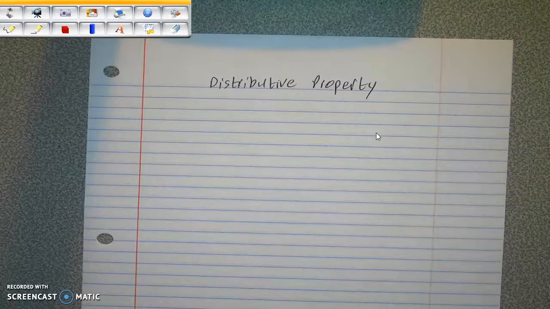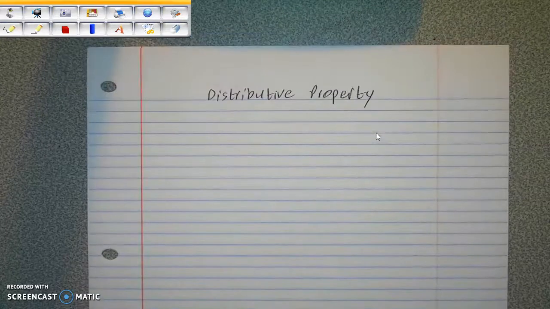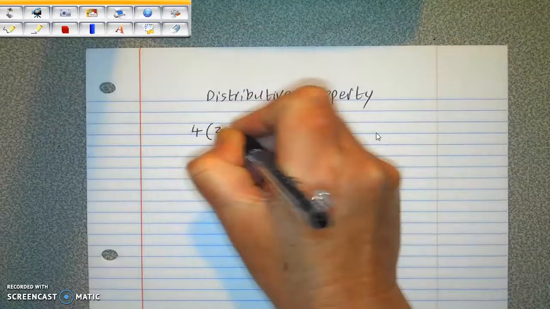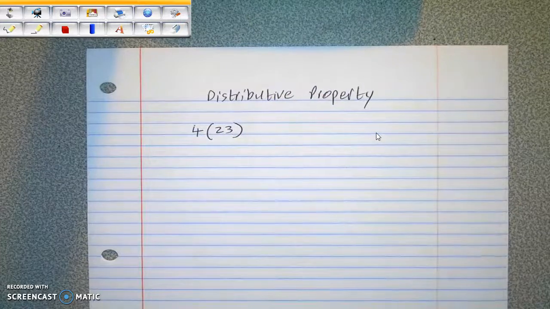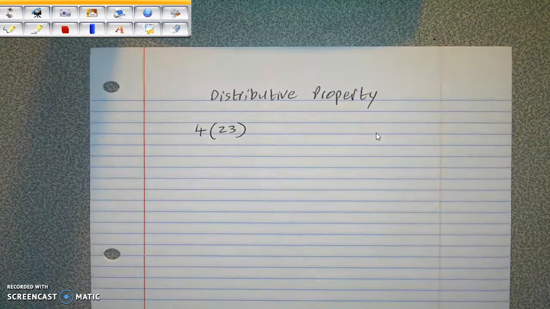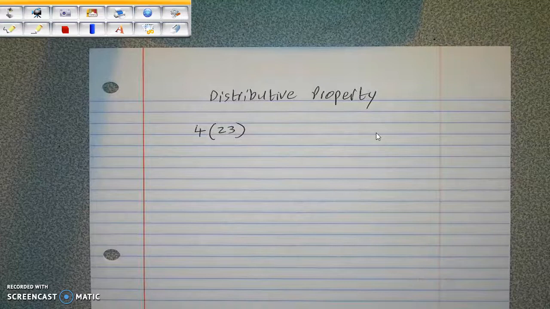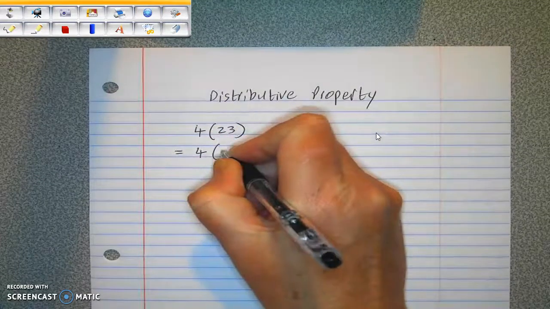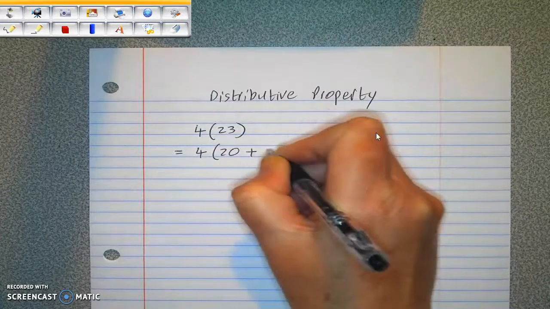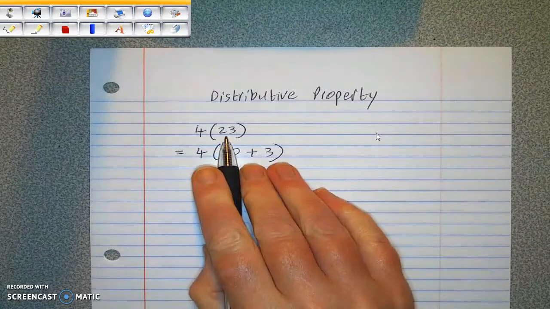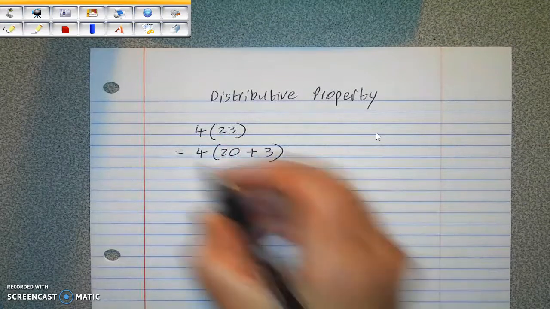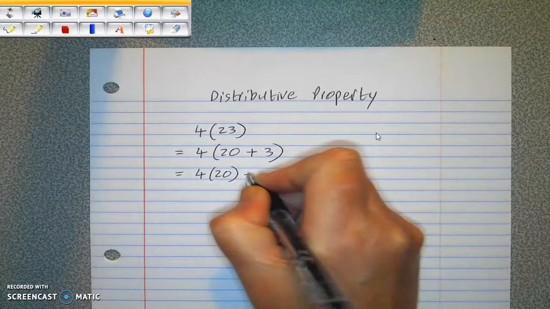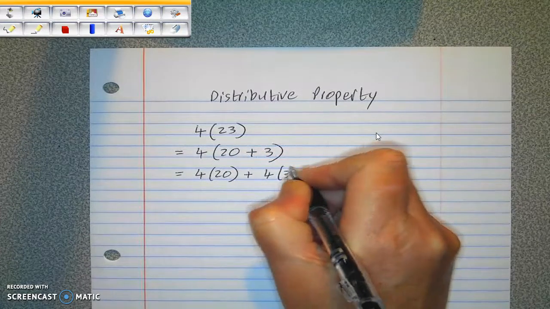So the distributive property is actually something that a lot of us use when we do multiplication in our heads. If you're trying to do 4 times 23, very often what people will do is split that up in their heads into 4 times 20 plus 3. So they'll split the 23 into 20 plus 3, and then they'll do 4 times 20 plus 4 times 3.